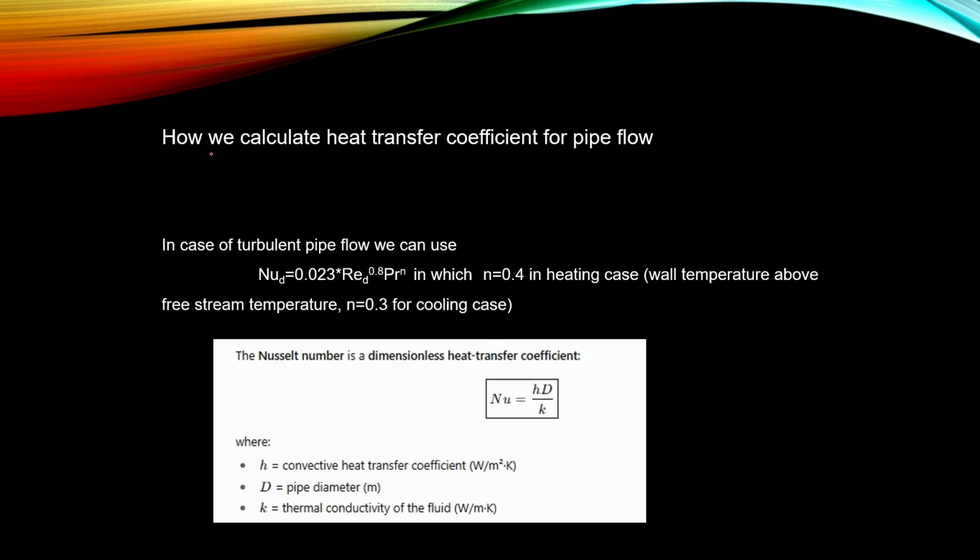When you need to calculate the heat transfer coefficient for the turbulent pipe flow, you can use this function. Here in Prandtl number you have exponent n, and you can use 0.4 for heating case when the wall temperature is above the free stream temperature, and 0.3 for cooling case.